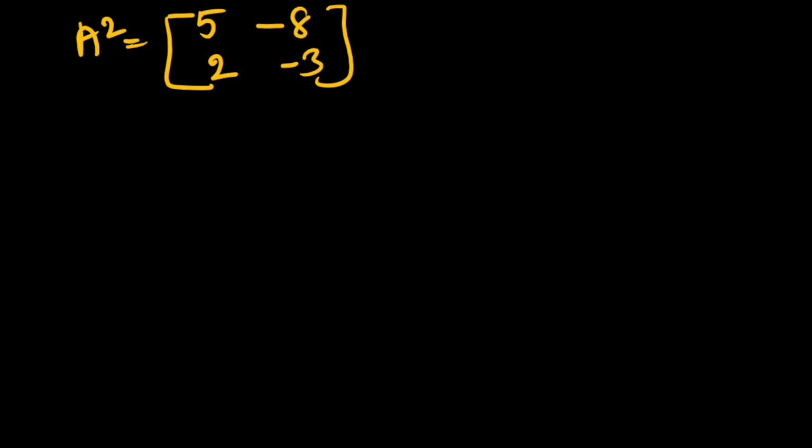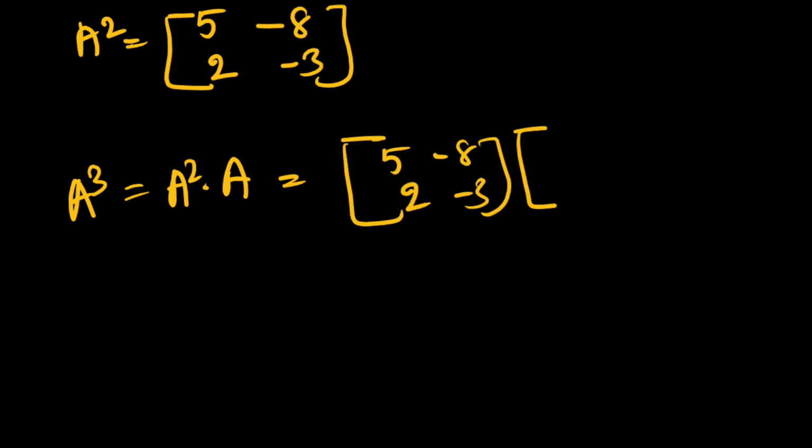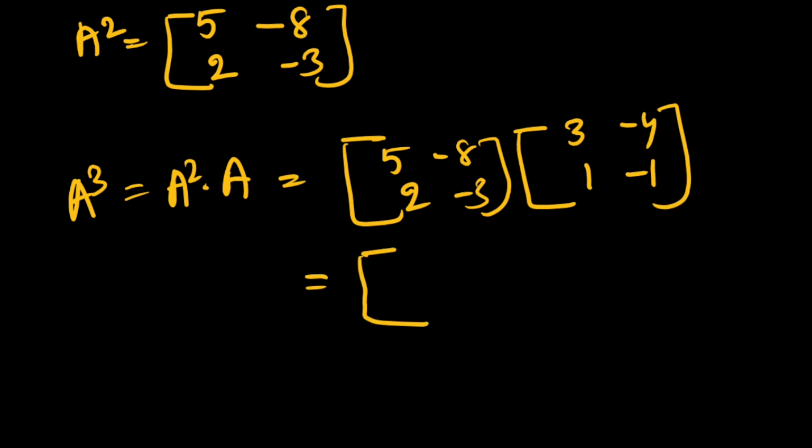Similarly we find A cube, that is A square multiplied by A, that is [5 -8; 2 -3] multiplied by the matrix [3 -4; 1 -1]. If we multiply, we get the matrix [7 -12; 3 -5].